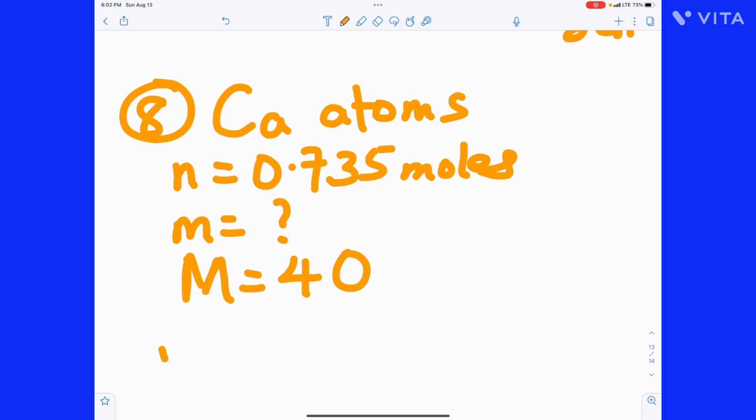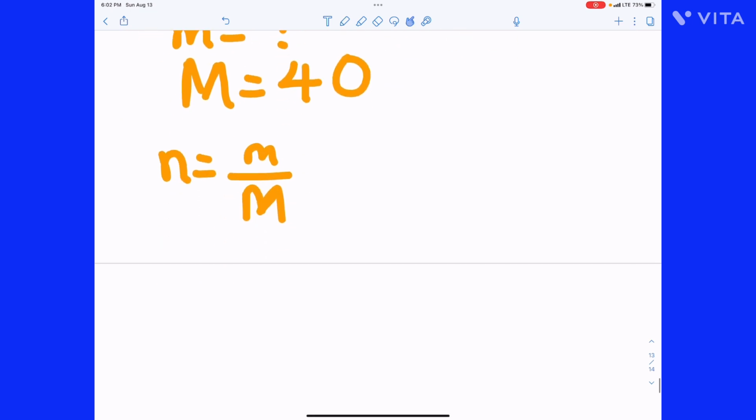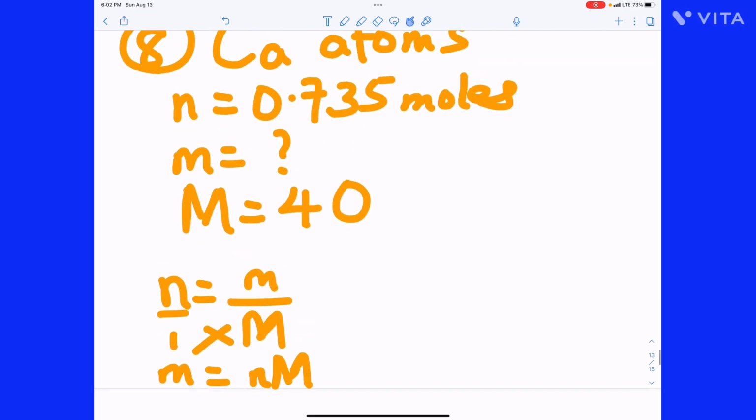I gave you that formula at the beginning of the topic. Number of mole is reacting mass over molar mass. So if you cross multiply, reacting mass will be equal to number of mole times molar mass. So that helps us get our answer.